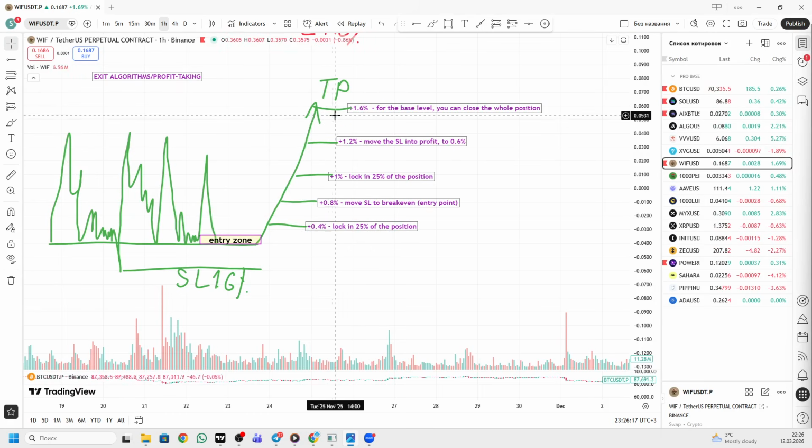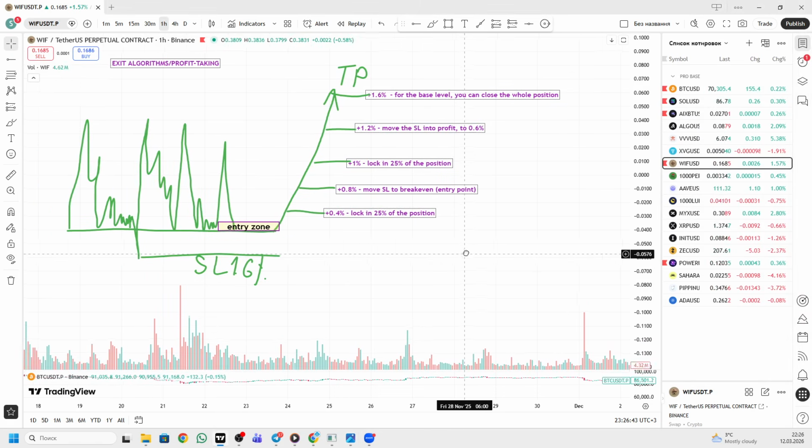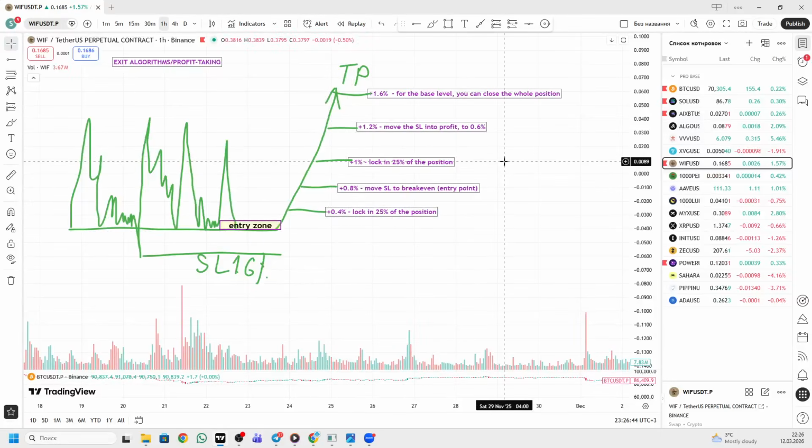But for the beginners who are not yet comfortable with stops and trailing, you can simply set right away in settings, stop 1.6%, take 1.6%, or 3.2% if you want the 1 to 2 ratio setup, and just practice discipline. So this is how you exit in parts. It's important, and this is discipline. You have to practice it.